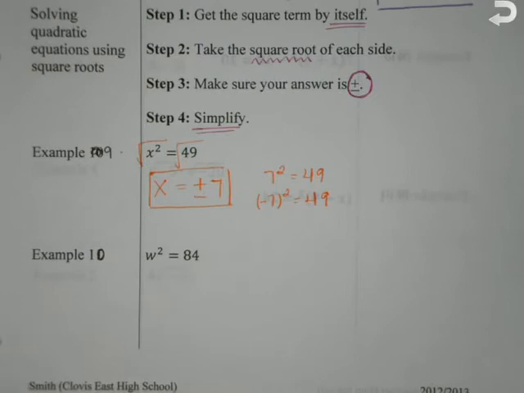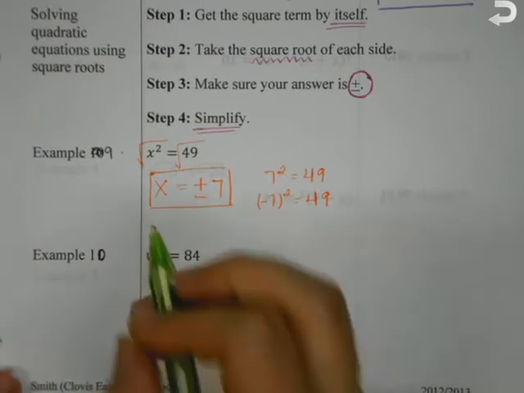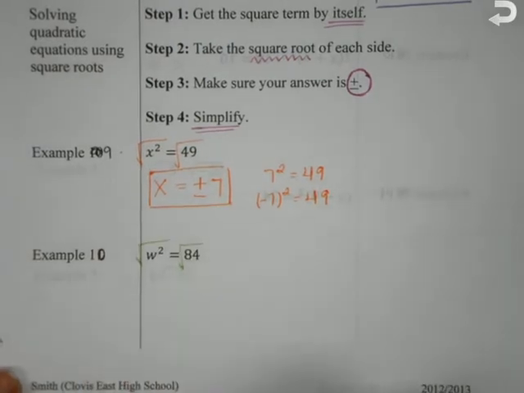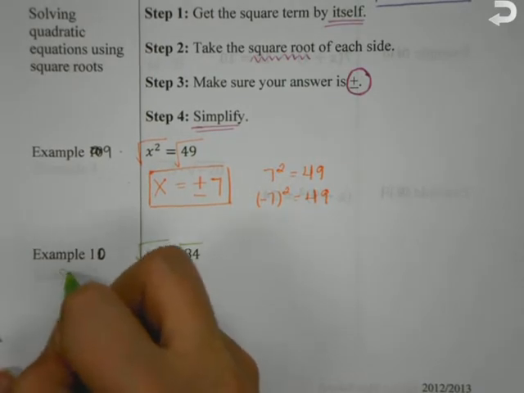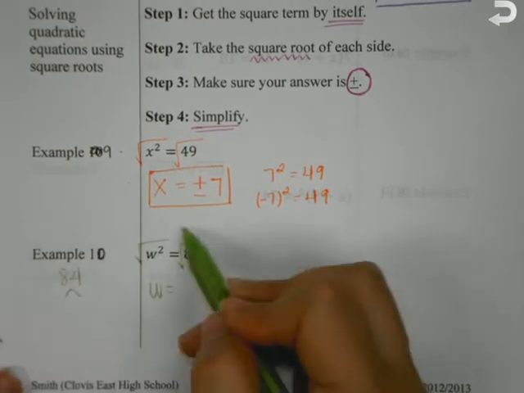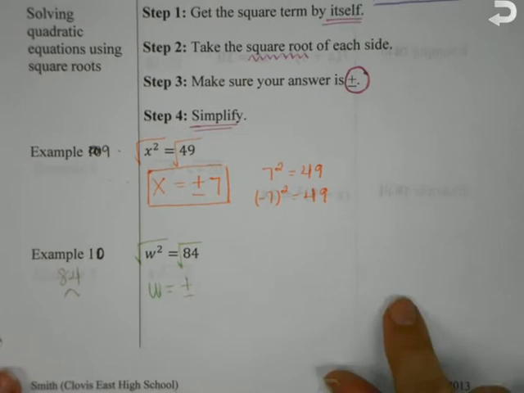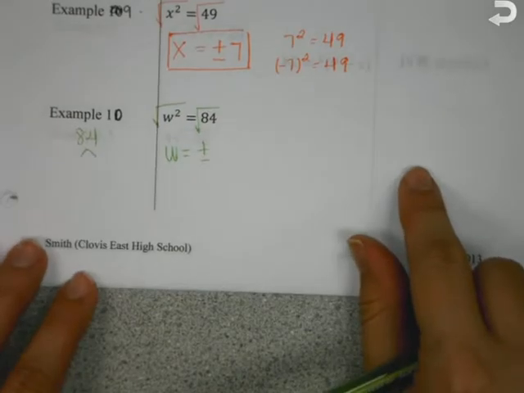W squared equals 84. W squared is by itself, so we can go straight to taking the square root. So that's going to give me W equals, plus or minus. Let's break down 84, because this is obviously not a perfect square. 84 breaks down to 21 and 4. That's 3 and 7, 2 and 2.